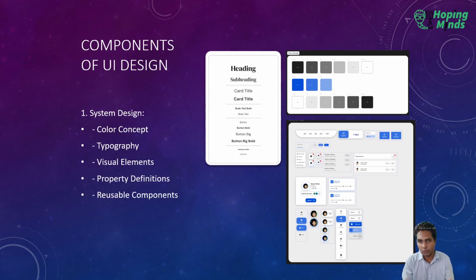Within the UI design, go on to the main mockup, go on to the detailed pages. So within system design, first I would like to define color concept, then I define typography. In color concept, I define both the variations, bright and dark, and with branding color. Typography, I define on title, what are going to be the font sizes of button, body text, and everything.